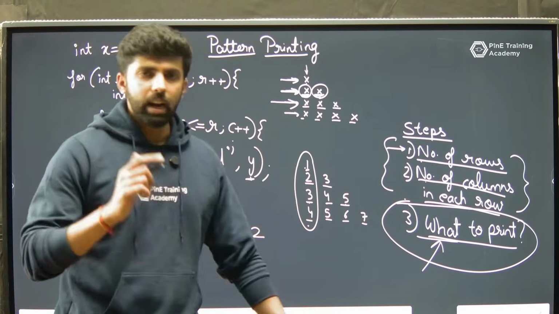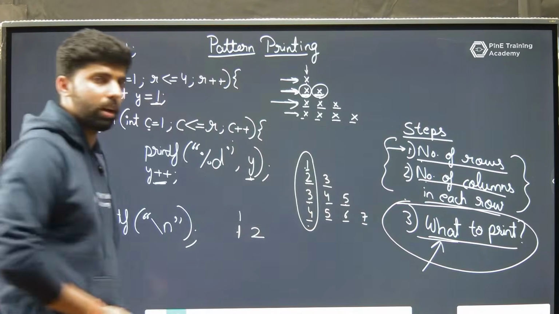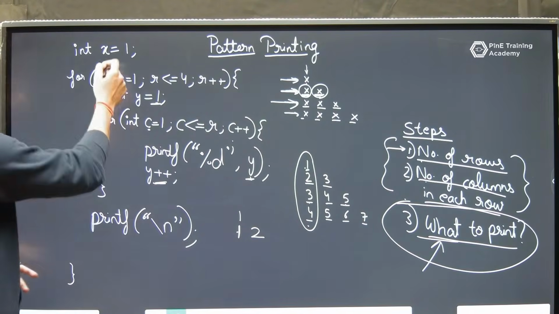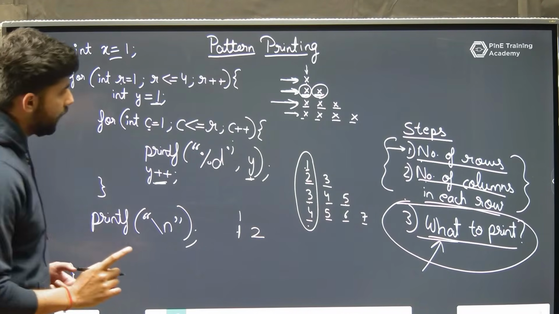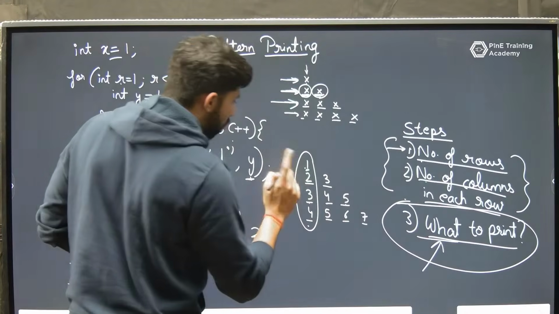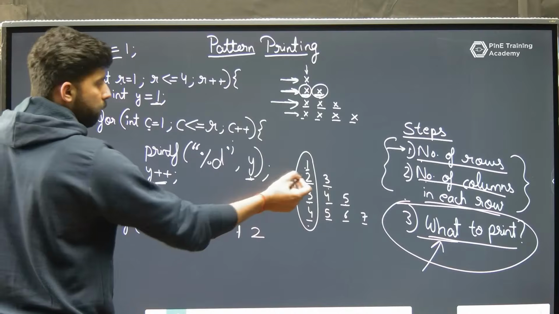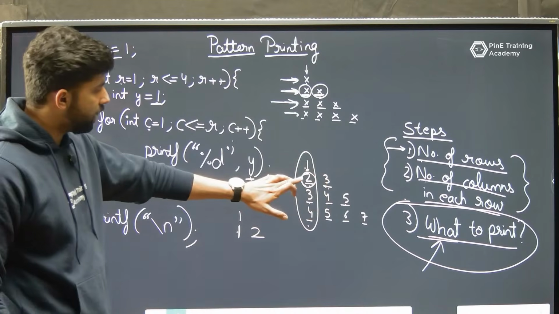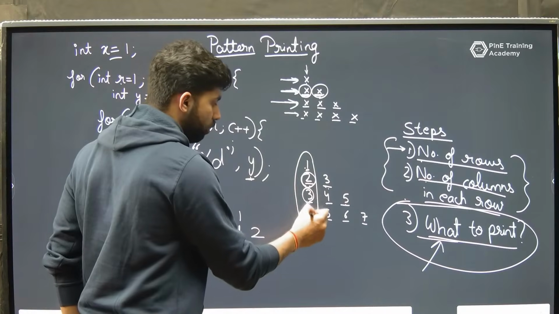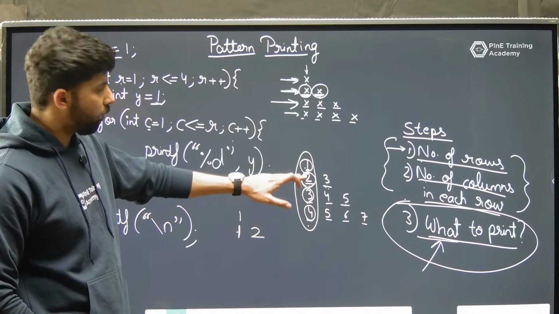Now, as I said, there are two types of counting going on. One is row wise and another one is column wise. I have taken two separate variables. If you see, my column is getting incremented, but the initial number, the first number of every row is plus 1 from the previous row.